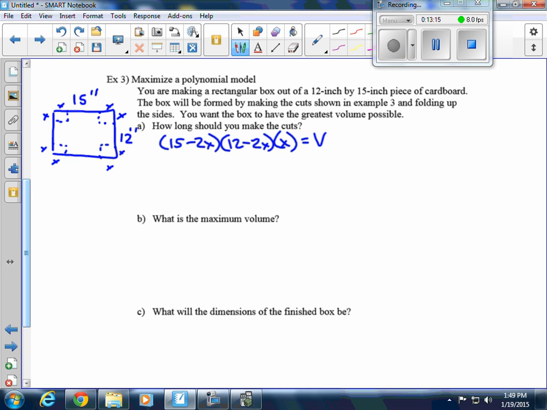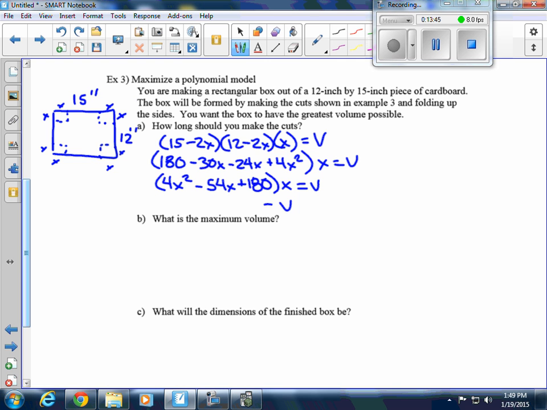So we're going to multiply these. We're going to FOIL the first two. I have 180 minus 30x minus 24x plus 4x squared. We have the x left. I'm going to put my like terms together right away. So I'm going to write it this way: 4x squared minus 54x plus 180, times x.